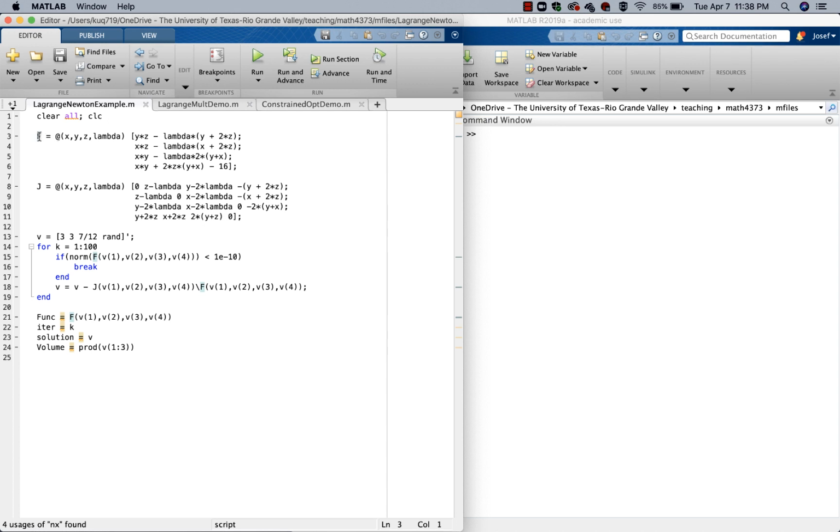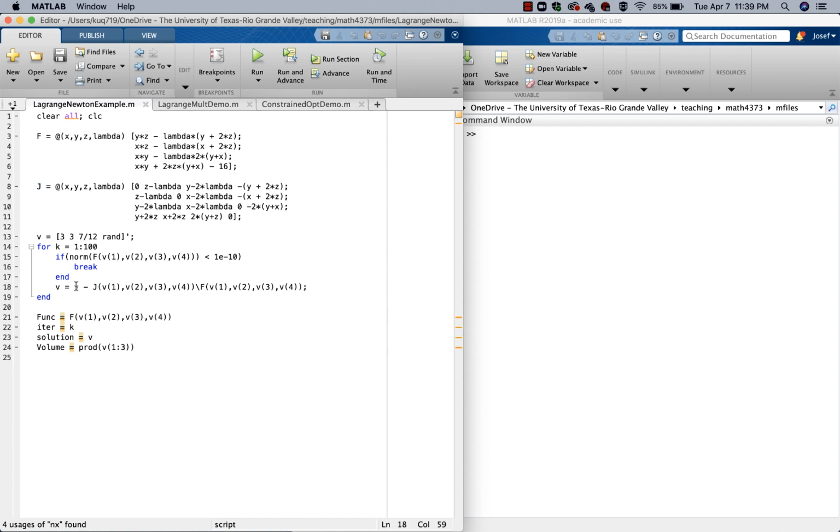Of course, Newton's going to require a derivative or a Jacobian of f, and that's given by this matrix here as a function of x, y, z, and lambda. And I need some starting point. So notice I've picked x, y, and z to satisfy my feasibility region. I want to start on my feasibility region, and I picked some random number to be my Lagrange multiplier.